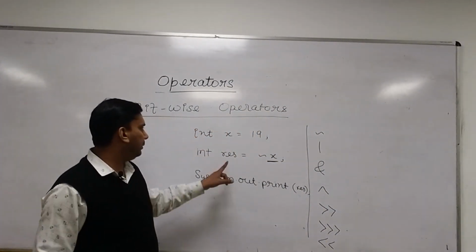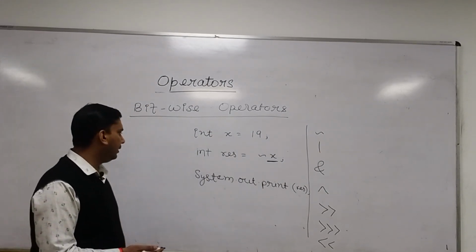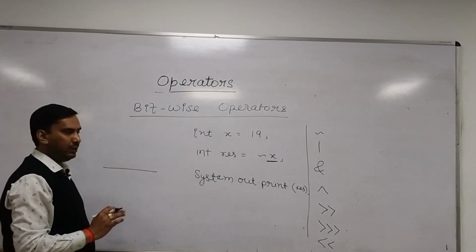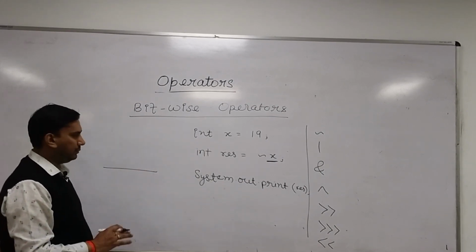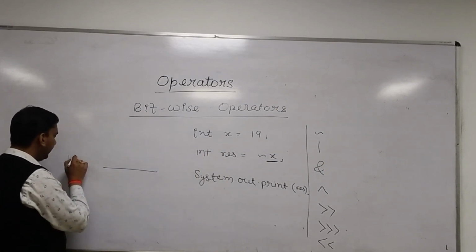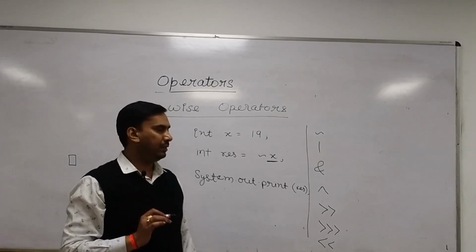Let's say I want to represent 19 in binary. You know that an integer is a 32-bit number, so you will be representing it in 32 bits. And the leftmost bit is the MSB, which is the sign bit, right?